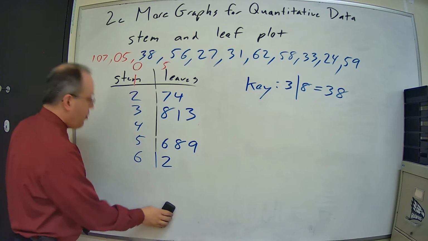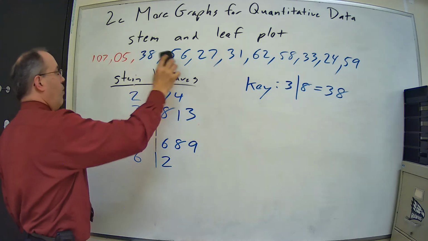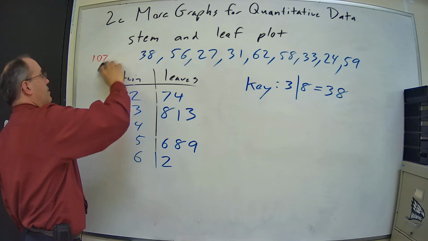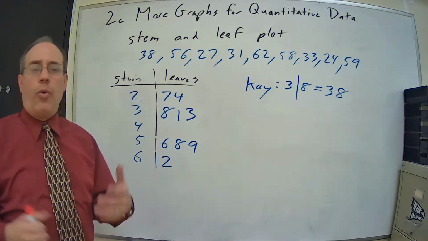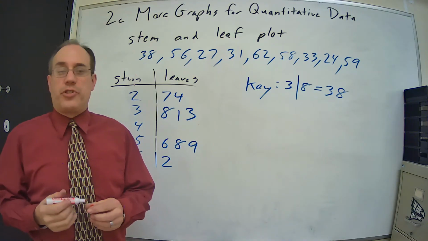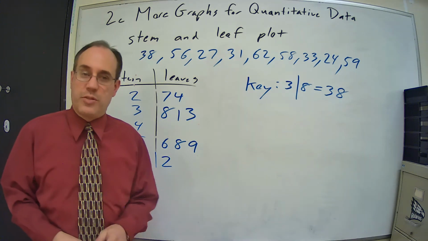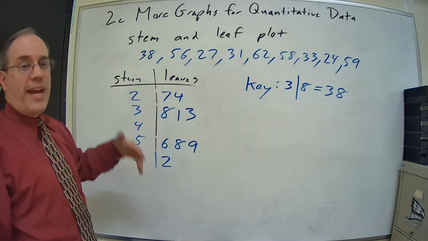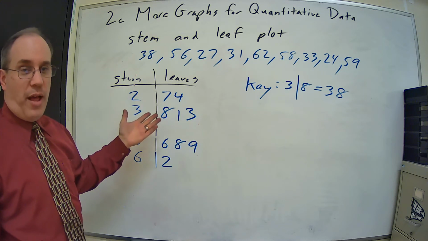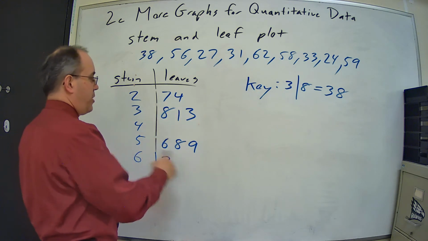Couple more things to point out about a stem and leaf plot. One is that some people like to do things in order. Remember the Pareto chart. The Pareto chart was just a bar graph, but you started from the largest value and went to the smallest value. Well, we sometimes do an ordered stem and leaf plot, which means that we want our leaves to be in order.